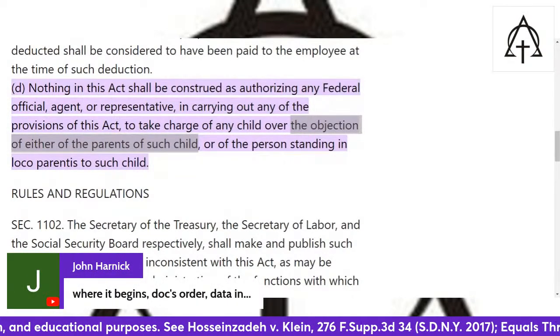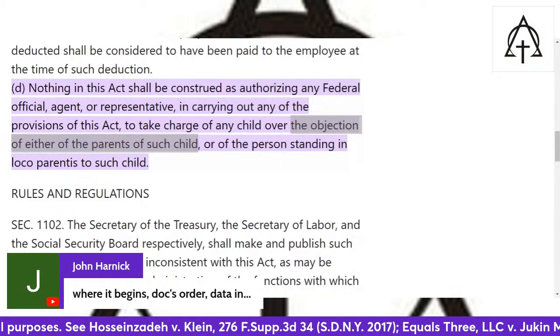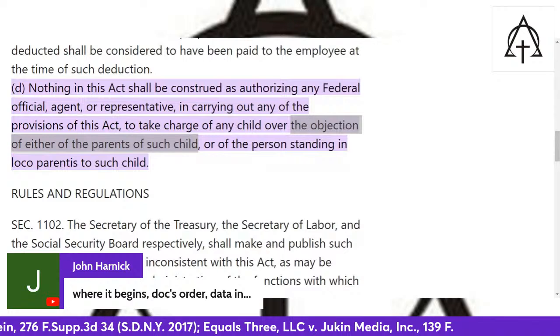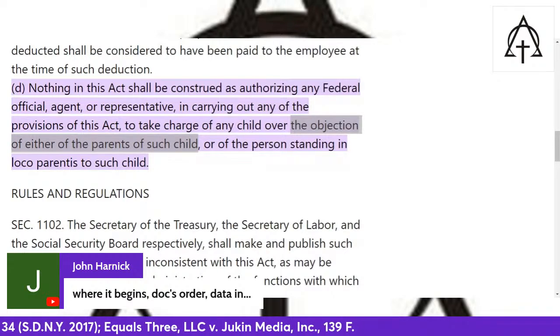Where it begins, doc's order, data in, data consultants. When they need the information, they say you're required to give it to them. No, you're not.